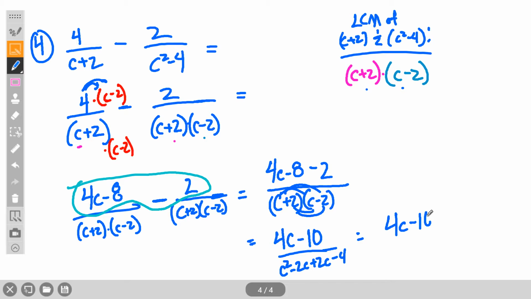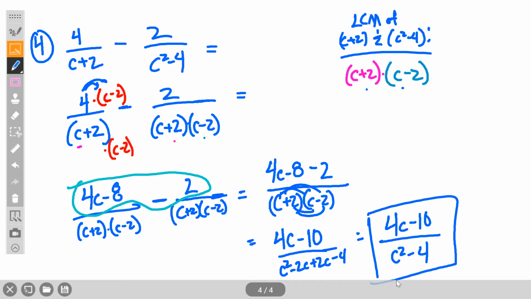So 4c minus 10 in the numerator, c squared minus 4 in the denominator. And that will be the difference of those two. We do need to make sure that the denominator and numerator are in standard form, so we multiply the denominator back out.